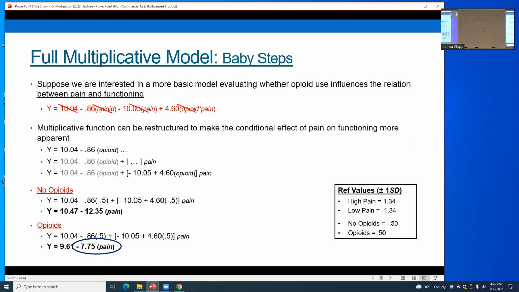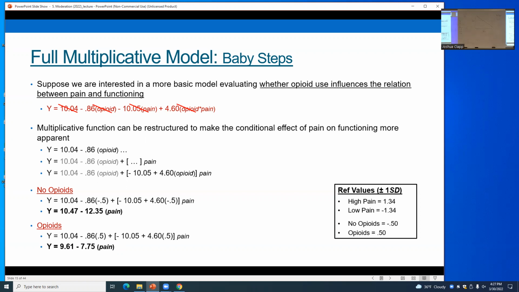All right. Now, before with our first order effect model, when we started plugging in different values, it didn't change our slope. But now it does, right? Once we restructure this equation, this coefficient for pain is dependent on opiate use.